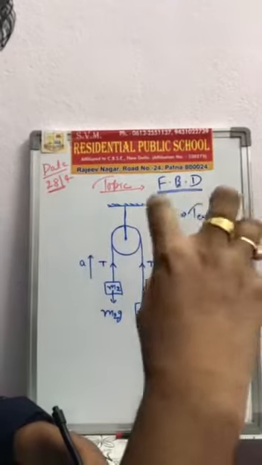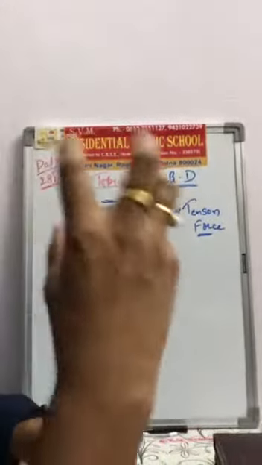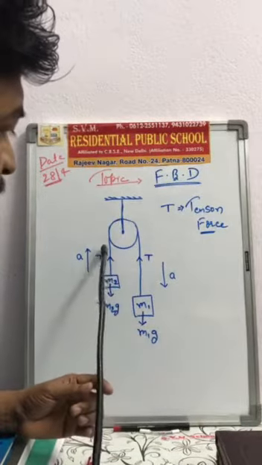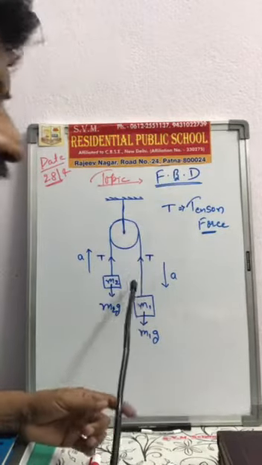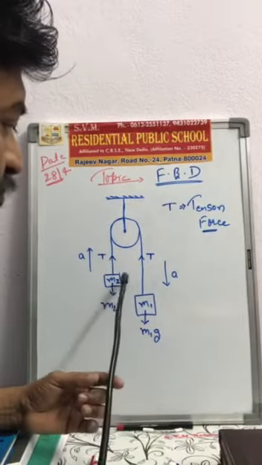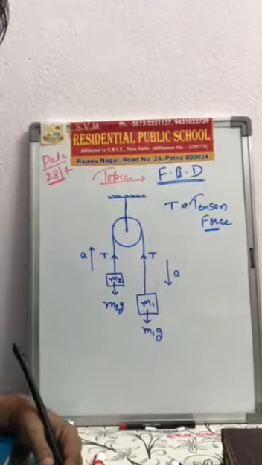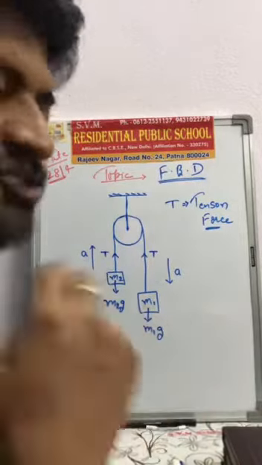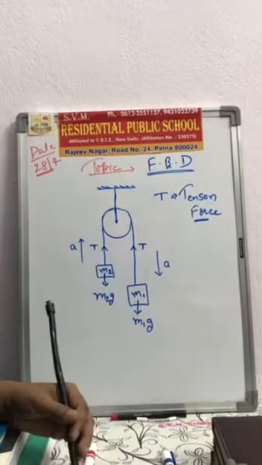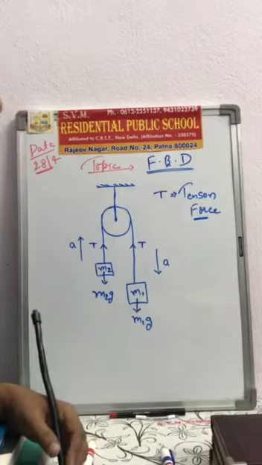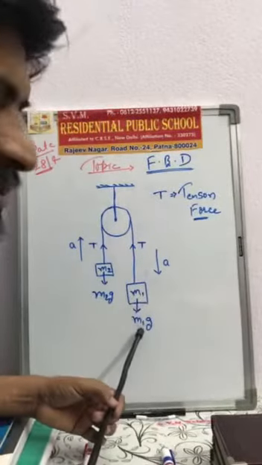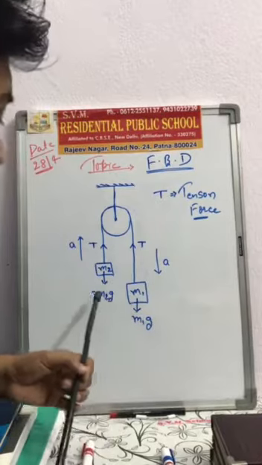A pulley is a movable metallic wheel. So here we have a pulley and a string over the pulley, in which two masses, M1 and M2, are connected at both ends of the string. When they hang from the ends of the string, a force arises in the downward direction, that is M1G, the weight of the body, and M2G.